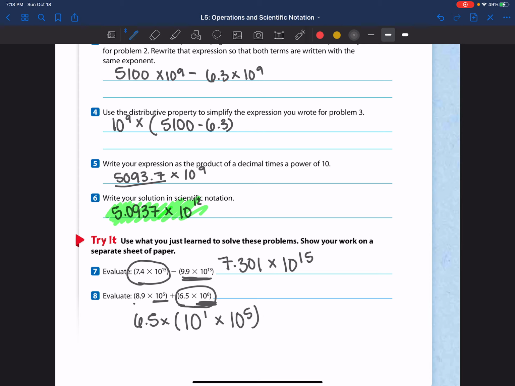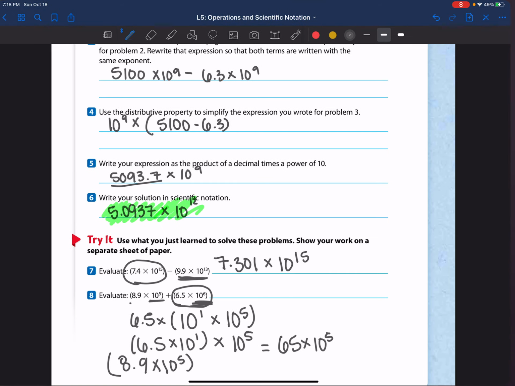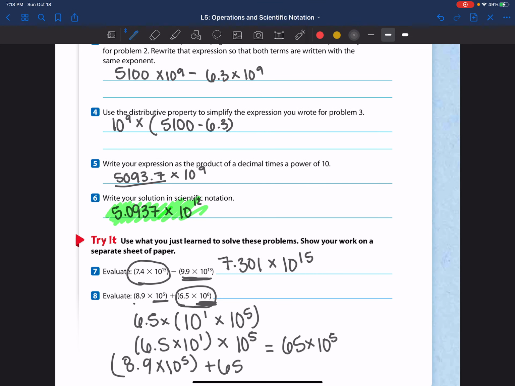So now we can regroup 6.5 times 10 to the 1st times 10 to the 5th power. That's equivalent to 65 times 10 to the 5th. So now I have 8.9 times 10 to the 5th plus 65 times 10 to the 5th power.